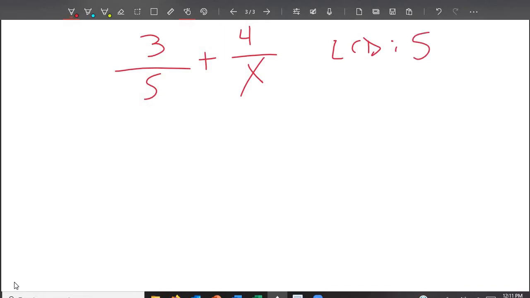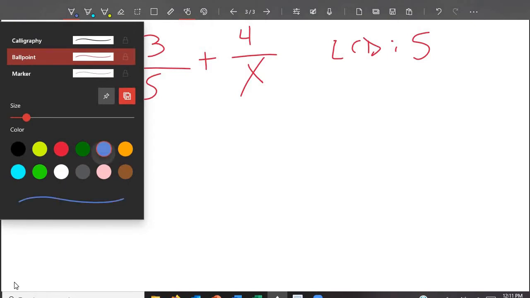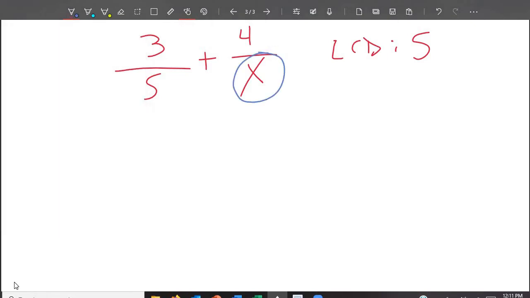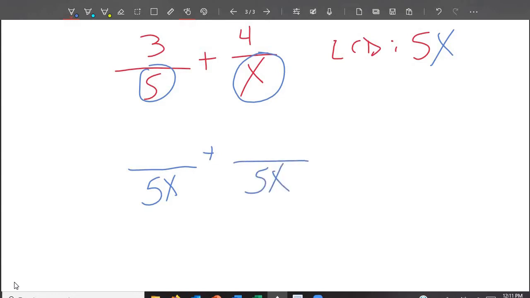And it has to have whatever they're not sharing from the second denominator. Now notice the second denominator has an x. So over here, I also have to have an x. I've got to have the 5 and the x. That means I'm going to have two fractions, and the denominator is going to be a 5 and an x.